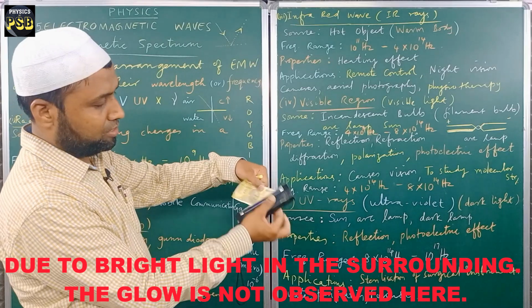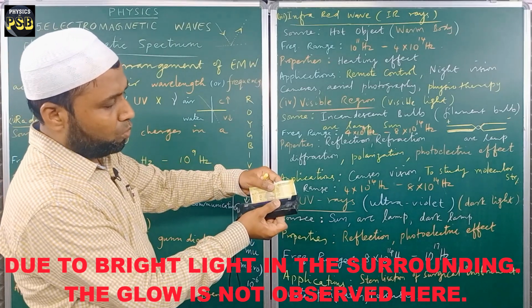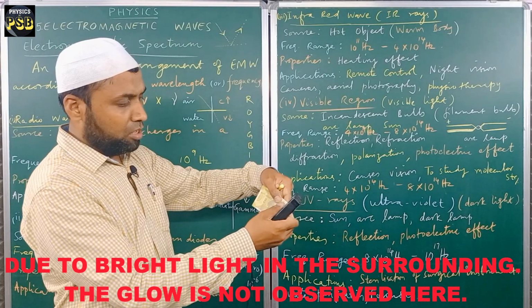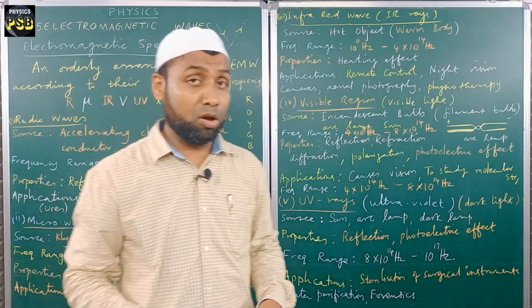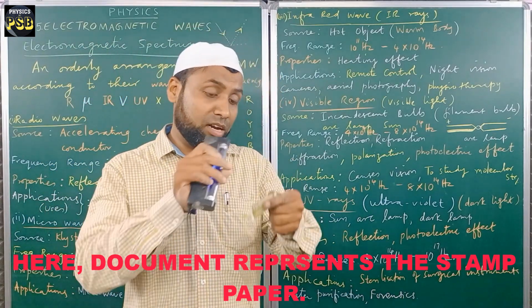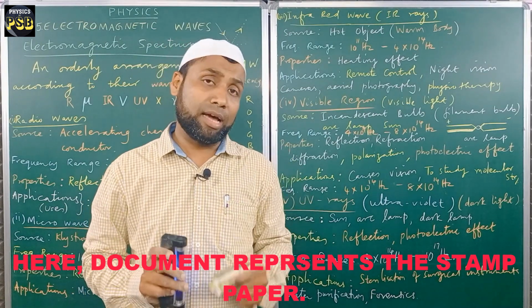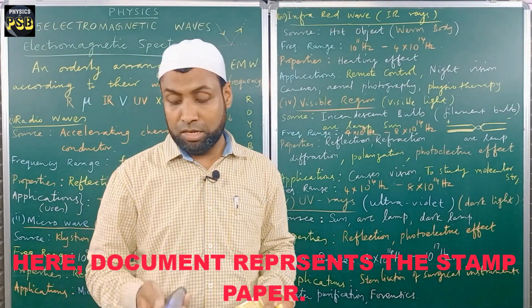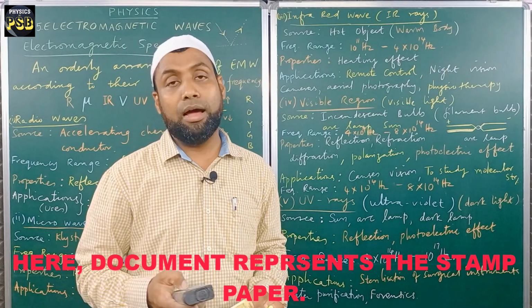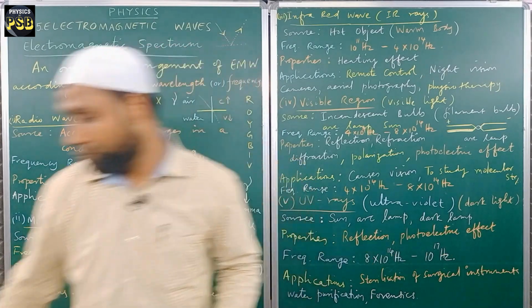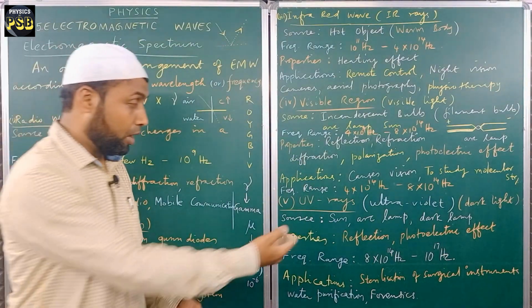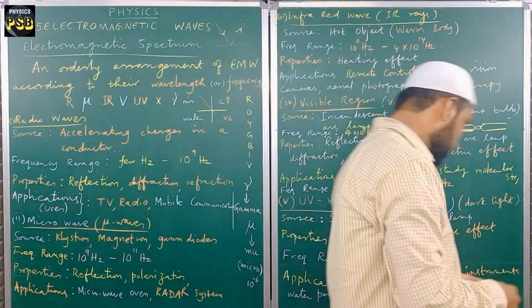It shows the fluorescence. Due to this, one can easily find out when UV rays are made to fall on some document or a currency, if a certain portion glows, it means that the currency or document is a genuine one.